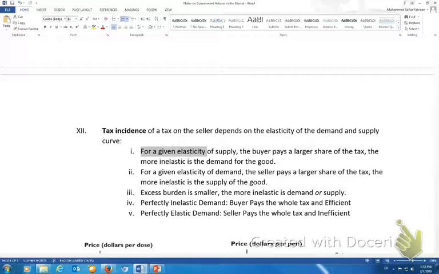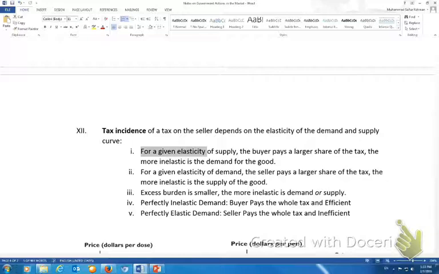So this is almost a mirror image of what we just covered in the previous section, where we are seeing that the share of the tax burden really depends on the relative elasticity of the supply curve and the demand curve. For example, if the demand curve is more inelastic, the buyer pays a larger share of the tax burden.